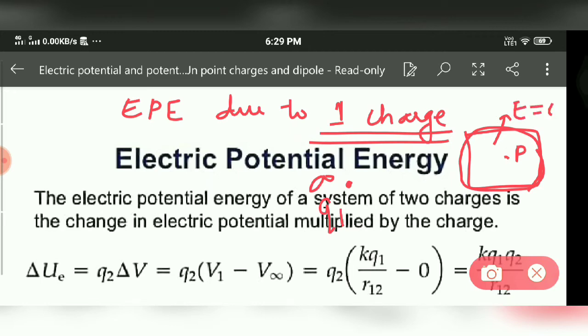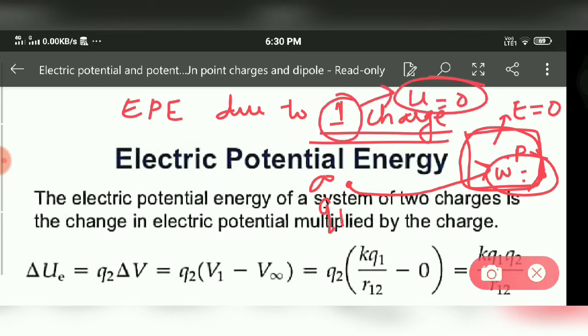So when I move this charge from here to here, if field is not there, force is not there. If no force is there, no work is required. In that case, work done is simply 0.